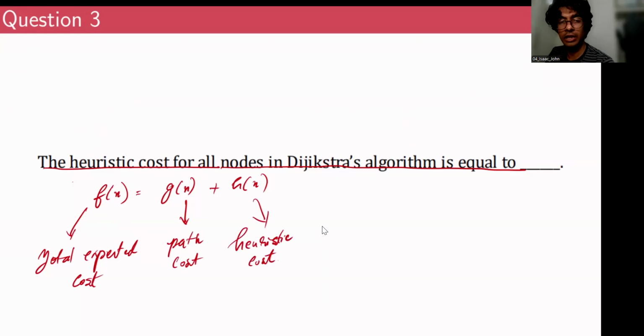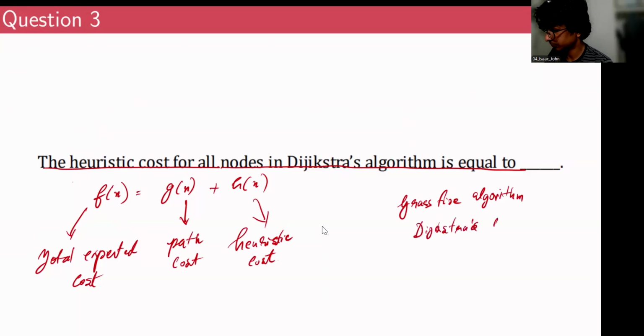We have actually seen three graph search algorithms, including the graph search algorithm, Dijkstra's algorithm, and finally the A star algorithm.